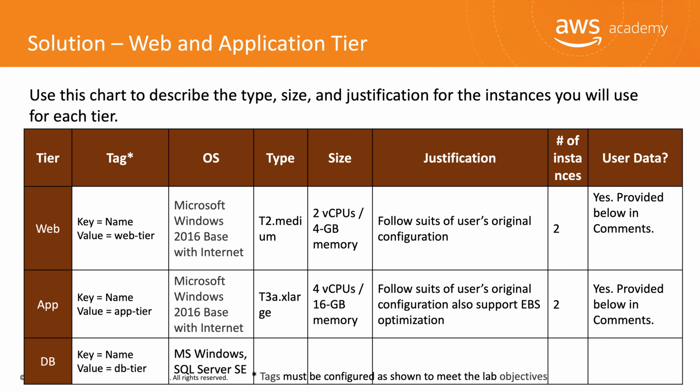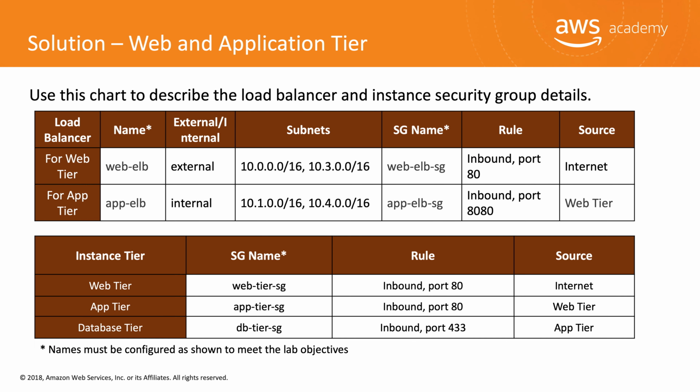Because Windows does not automatically allow traffic coming from specific ports. We can see this on the next slide. For the web tier, there's a rule that allows inbound traffic from port 80, and for the app tier, it allows inbound traffic from port 8080.